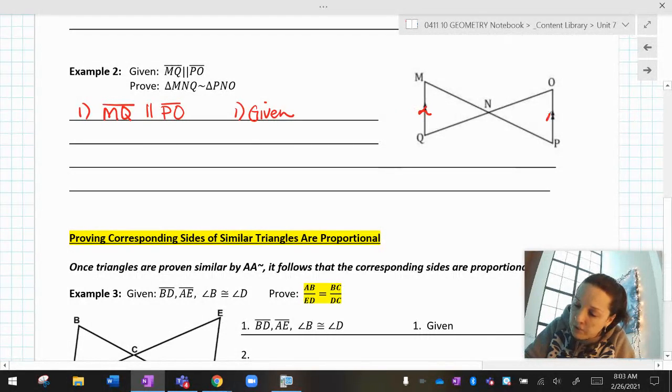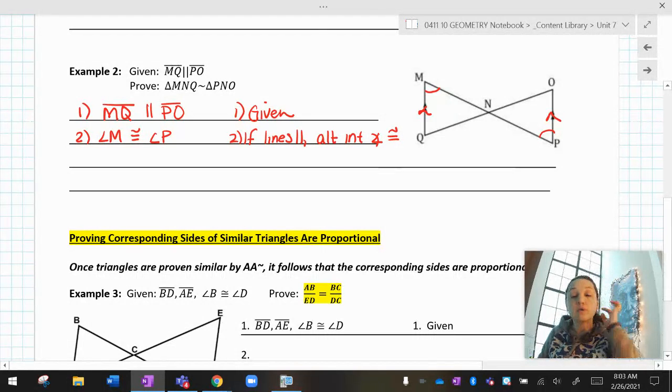And if these are parallel, I don't see corresponding angles, but you know what I do see? I do see some alternate interiors because I see a nice letter Z right here. So angle M is congruent to angle P because if lines are parallel, alternate interior angles are congruent.